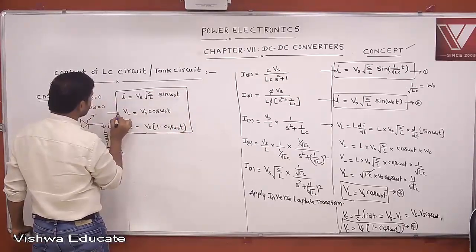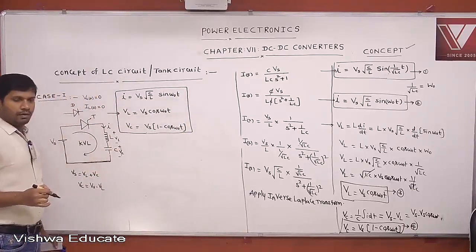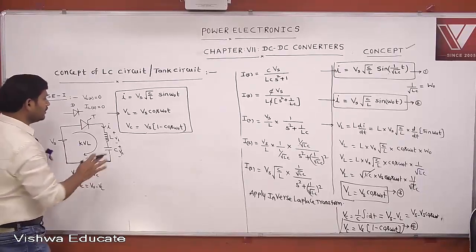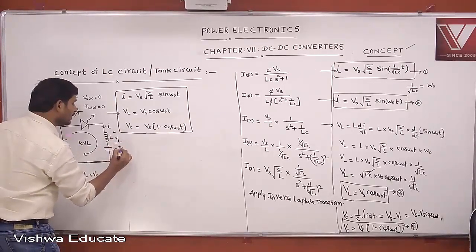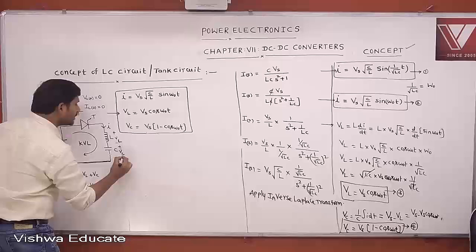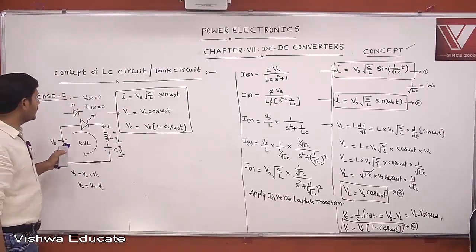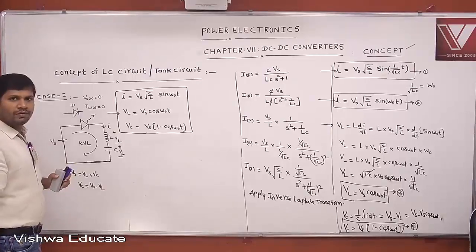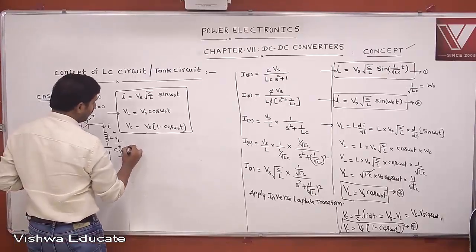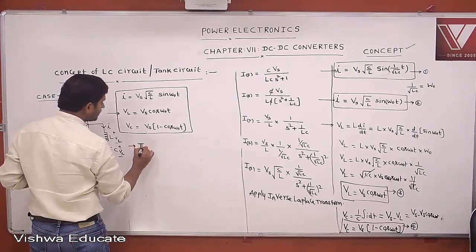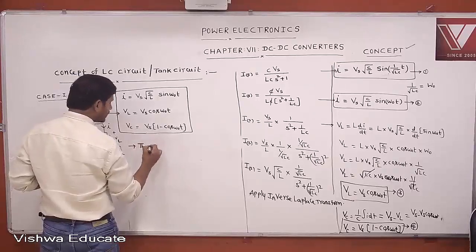This is one observation. In case 1, the voltage across the inductor, the voltage across the capacitor, and the current in the circuit: one observation is that the nature of the current is sinusoidal oscillations.